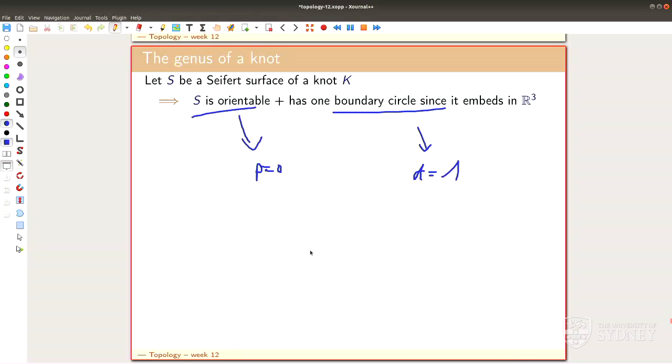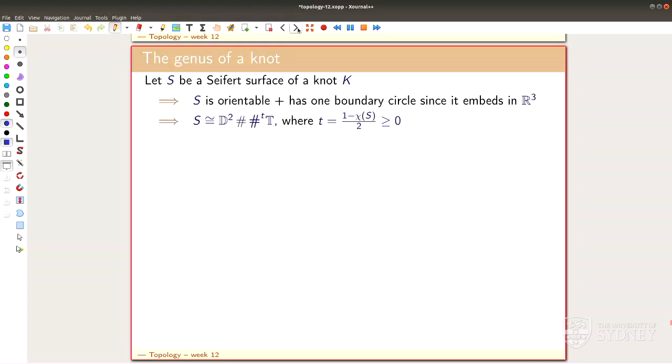There's only one open piece of information, namely what is T, the number of handles in the surface, and that's exactly what we want to do. So the surface, by our classification theorem, is homeomorphic to a disk, that's the boundary circle, and a certain number of tori, a certain number of handles.